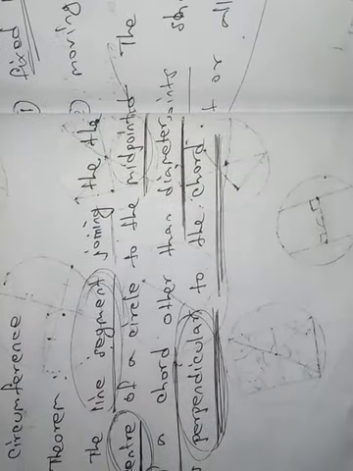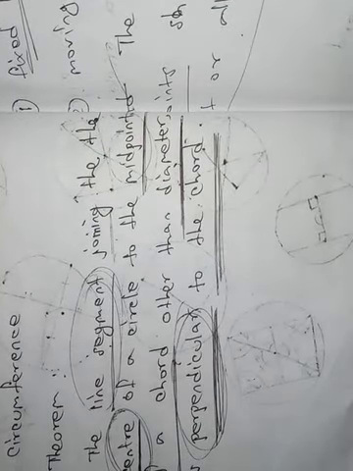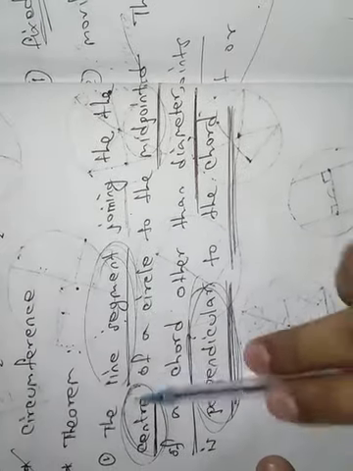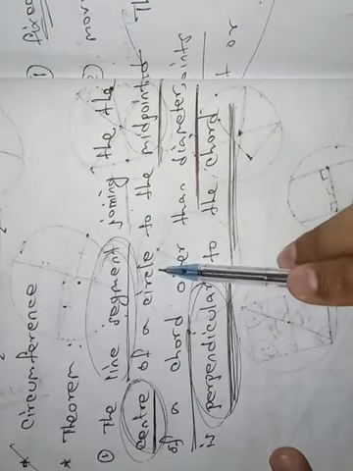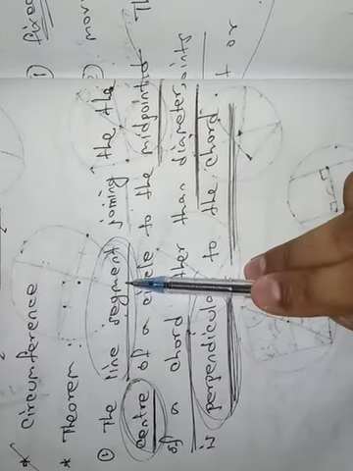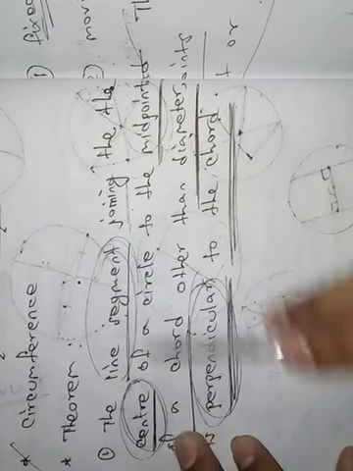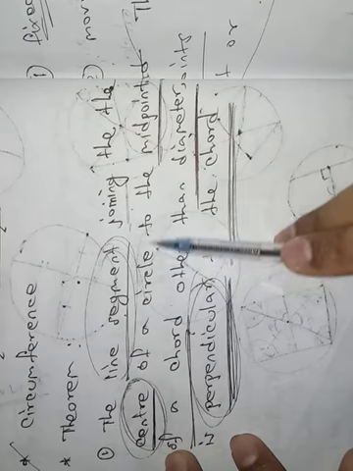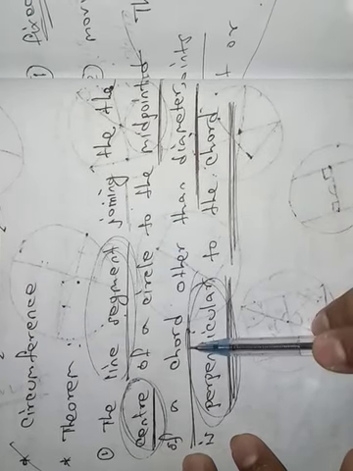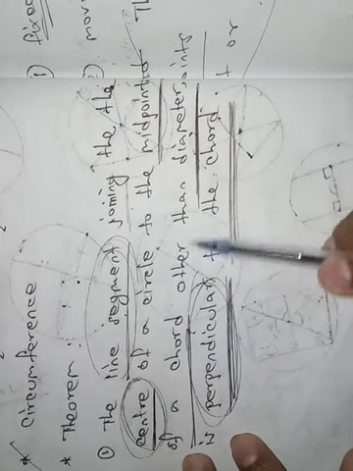What have they asked to prove? Let me read the whole theorem again. The line segment joining the center of a circle to the midpoint of its chord other than the diameter.